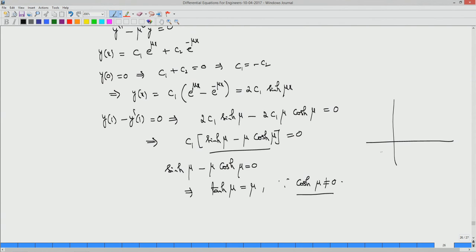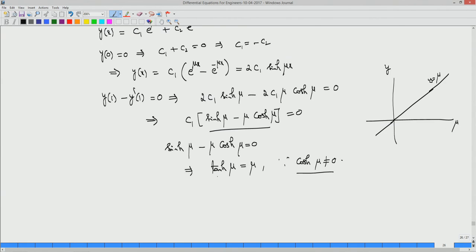Now, you look at the tan hyperbolic plot and the y equal to mu plot. You plot tan hyperbolic mu and y equal to mu, and they never touch anywhere else. So, you can plot it and see that for tan hyperbolic mu you do not have any non-zero solution. For strictly positive mu, you do not have any solution; the line simply goes above, touching only at 0, which is mu equal to 0.